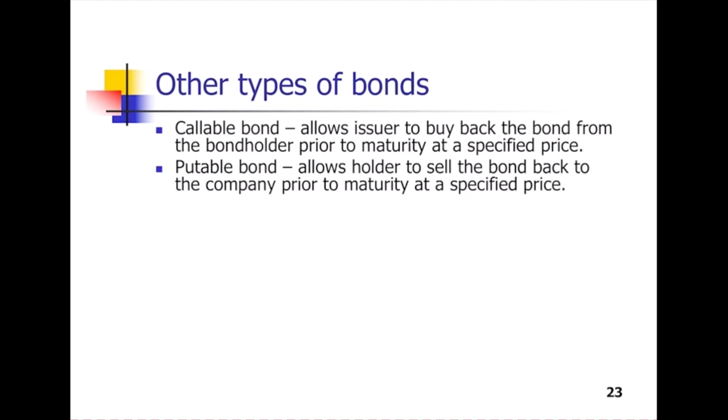It shows the callable bonds and puttable bonds. Callable bonds allow the issuer to buy back the bond from the bondholder prior to maturity at a specified price. In this case, the firm has the right to buy back the bond from the bondholder, especially when the market interest rate goes down. The firm can refinance at a low market interest rate. The puttable bond is the opposite case: the bond investor has the option.